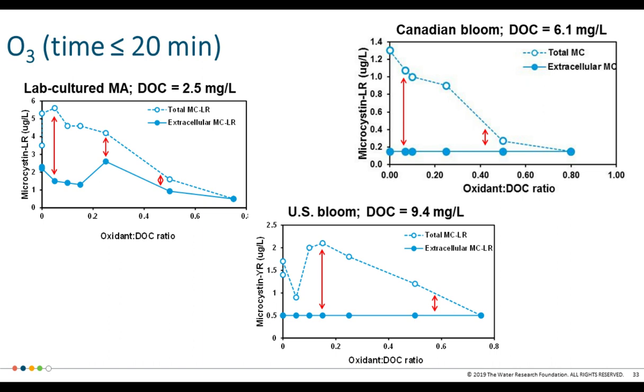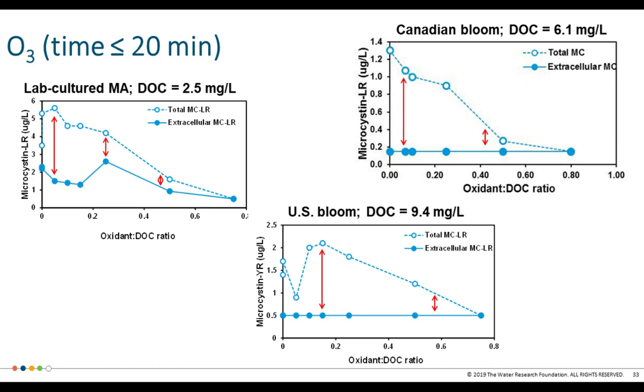What is important on each of these graphs is that we have the dashed curve, which is for total toxin, and then we have the full line, which is for extracellular. What I want you to pay attention to is the difference between these two lines, that gap. The total, the dashed line, represents the toxins that are within the cells and the toxins that are outside, in the water that surrounds the cells.